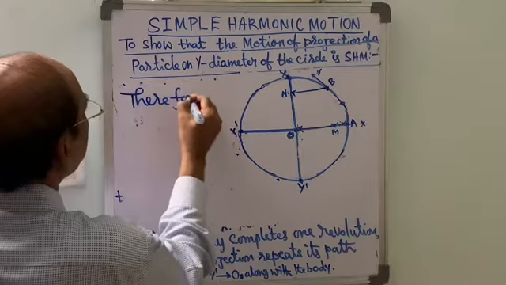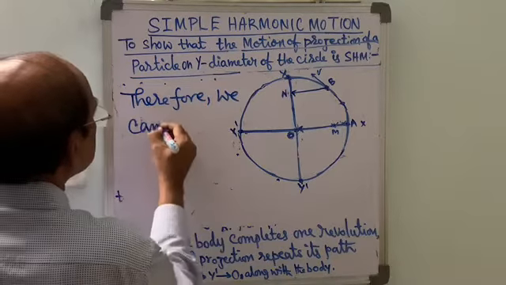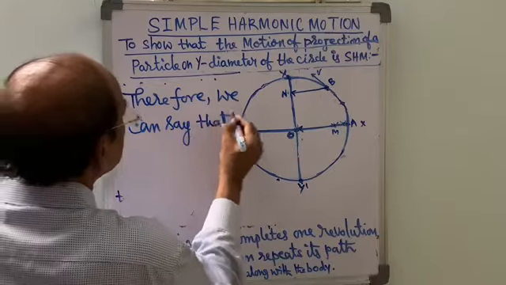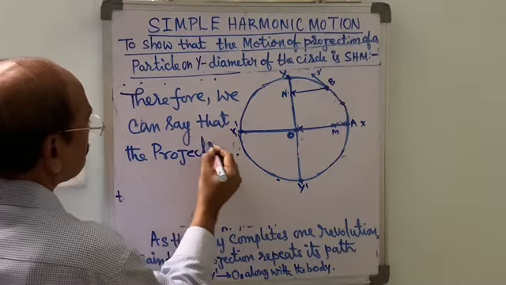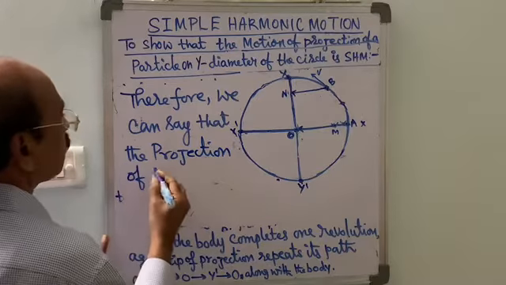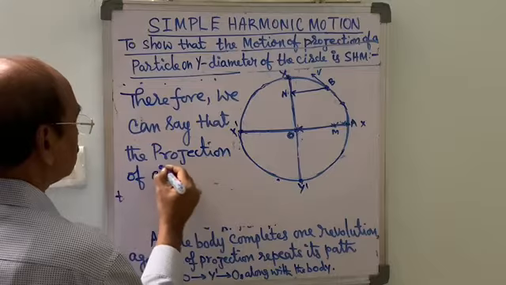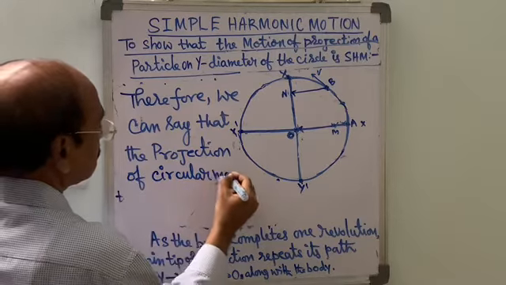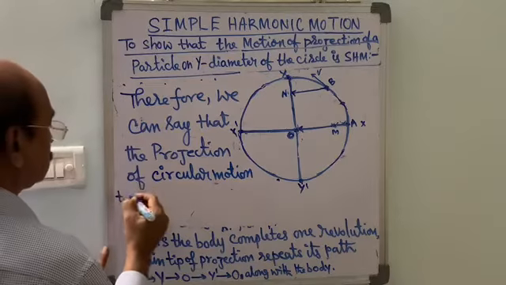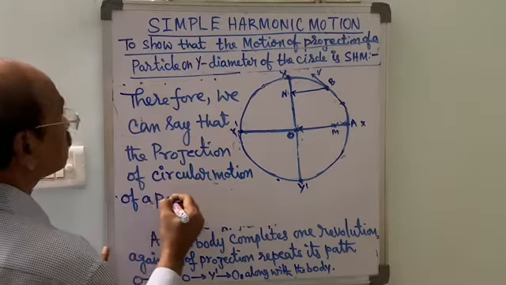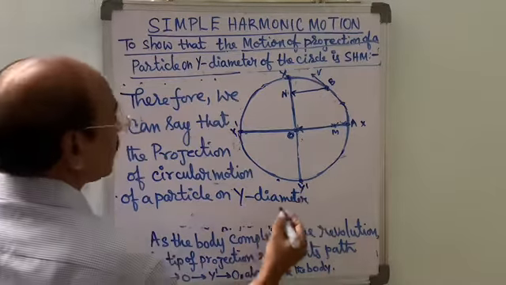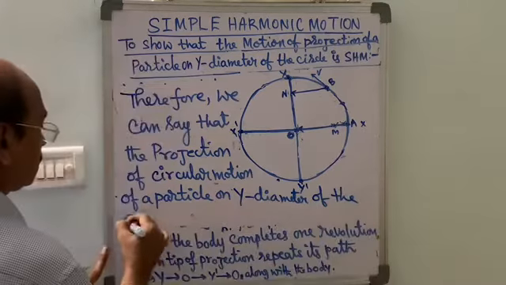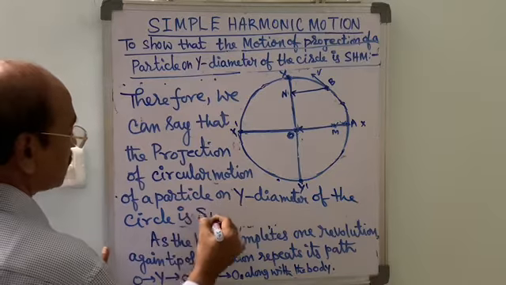Therefore, we can say that the projection of circular motion on any diameter of the circle is simple harmonic.